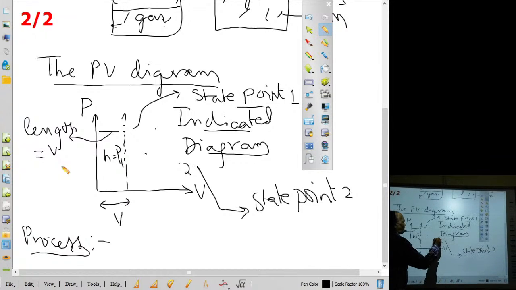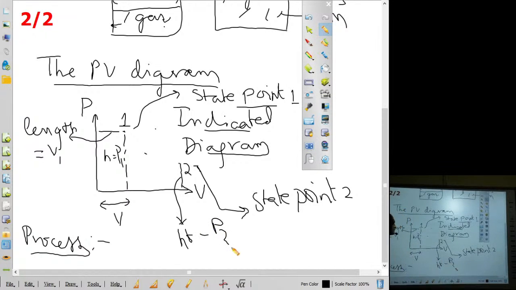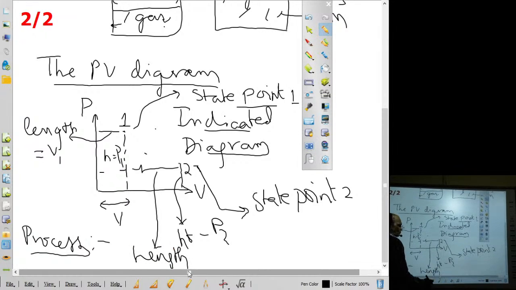We have got another point, 2. Here, pressure is equal to height, so see what the height is here. That is called the pressure P2. Up to this point, whatever length is there, at point 2, it is volume V2.